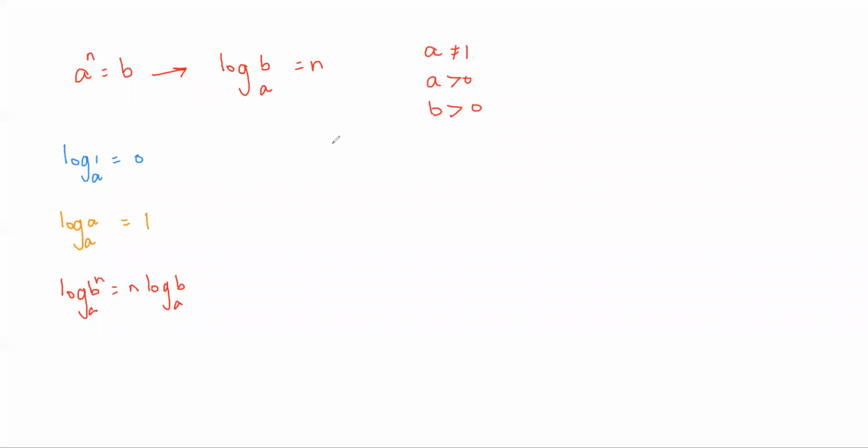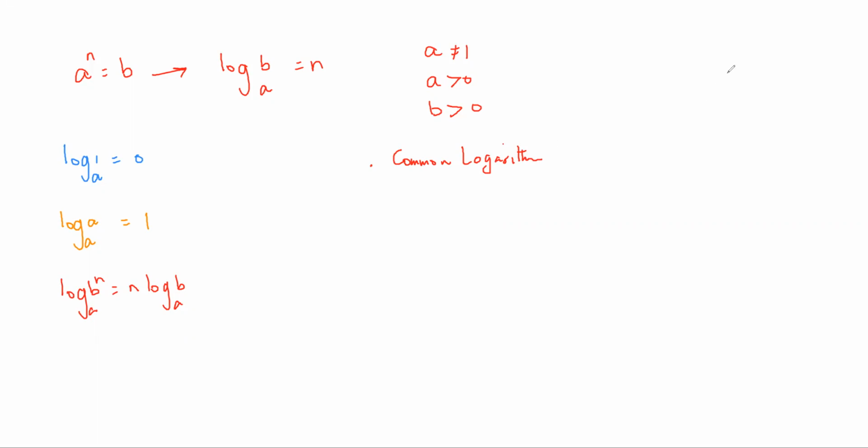Now today we have to talk about some very famous logarithms, with the famous bases. The first logarithm that is very famous and used a lot is known as the common logarithm.